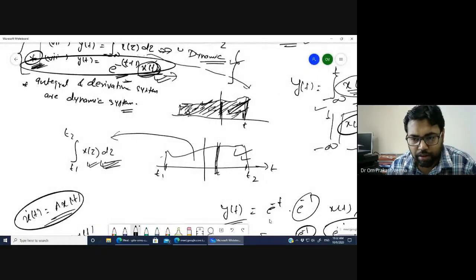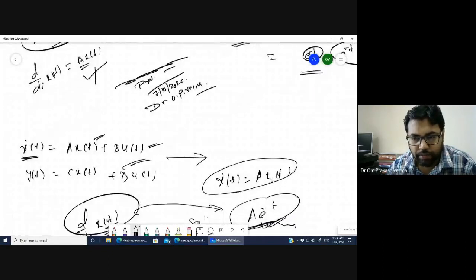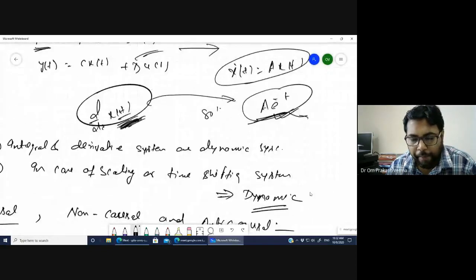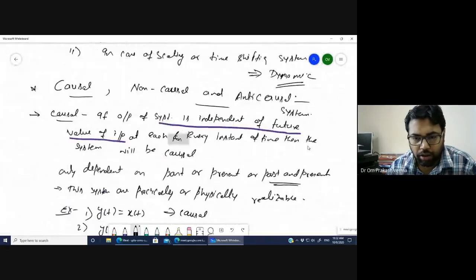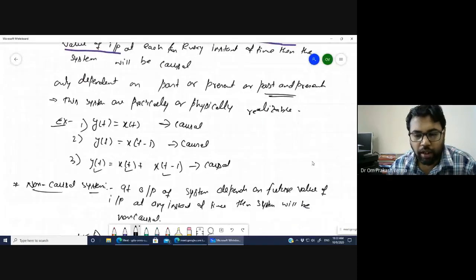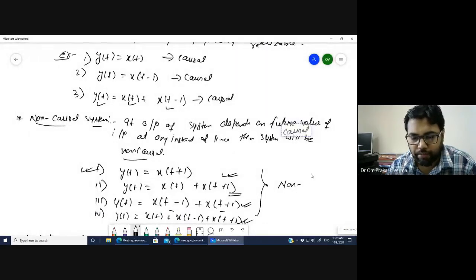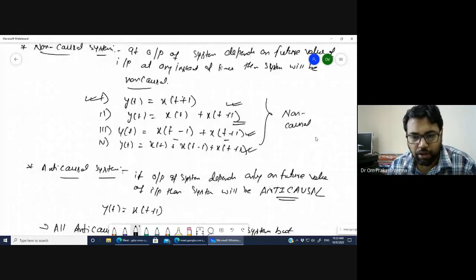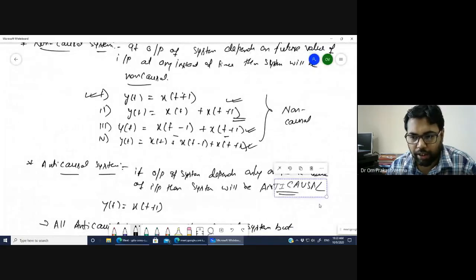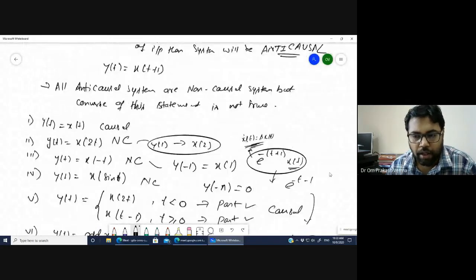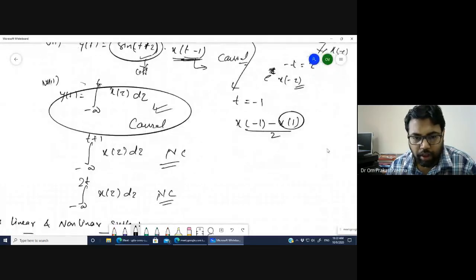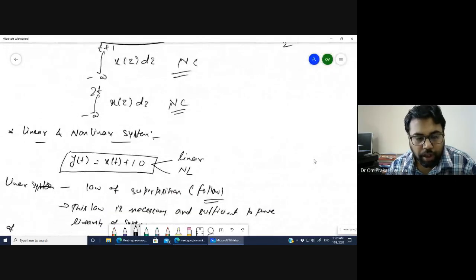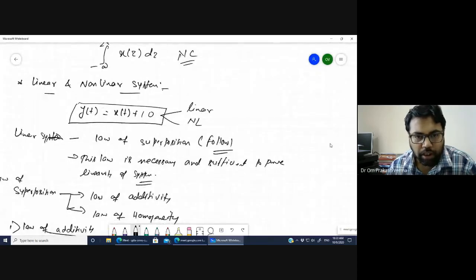Then we saw the causal, non-causal, and anti-causal systems, and some examples based on the causal and anti-causal systems. We have also seen linear and non-linear systems.